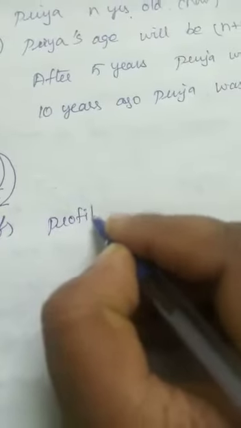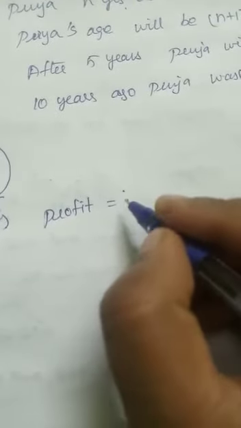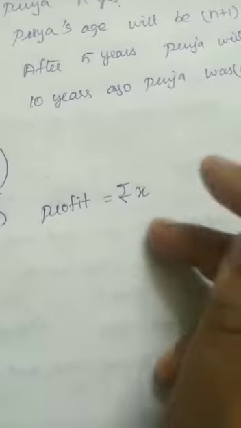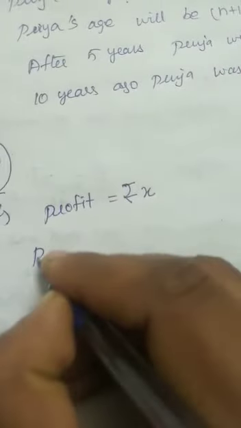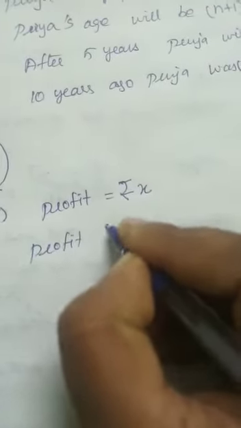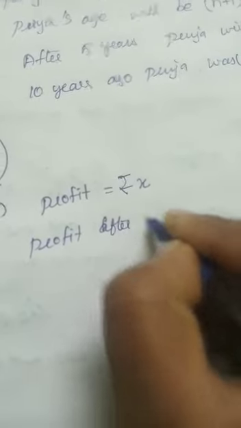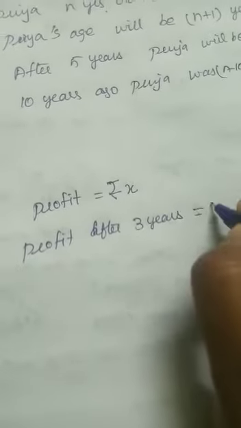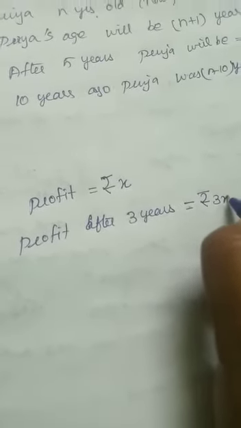So we must take profit first. We don't know the profit, so let me consider profit is rupees x. They are asking the profit after 3 years. So profit after 3 years is rupees 3x.